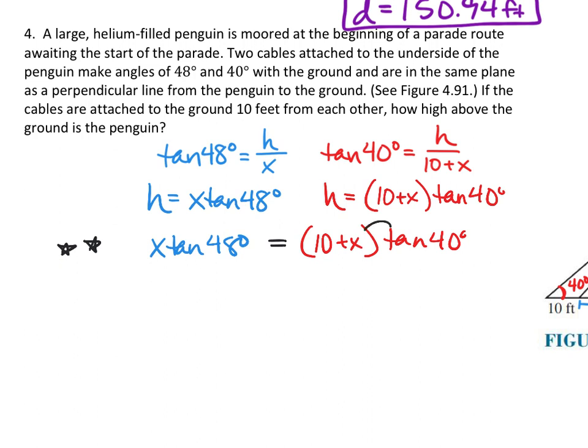First things first, we need to distribute this tangent. So it's going to be x times the tangent of 48 degrees equal to 10 times the tangent of 40 degrees plus x times the tangent of 40 degrees. I want all of the x terms on the left side. How do I get this on the left side?